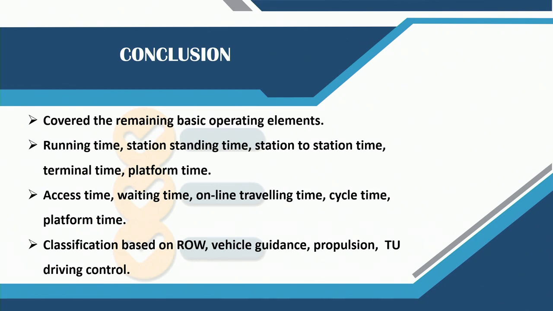We also looked at access time, waiting time, and then we looked at different types of classifications that are based on right of way, vehicle guidance, propulsion or driving control. So, I hope you have now got your basic foundations of public transportation, and from the next class onwards, we look forward to solving some examples based on all these terminologies, so that you understand how a basic transportation system works.